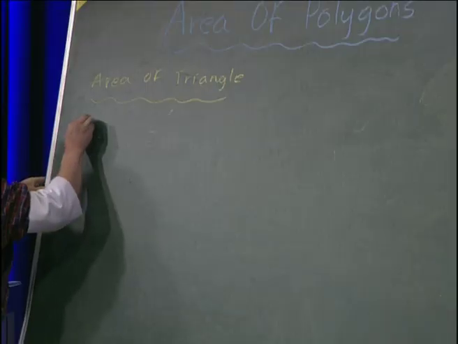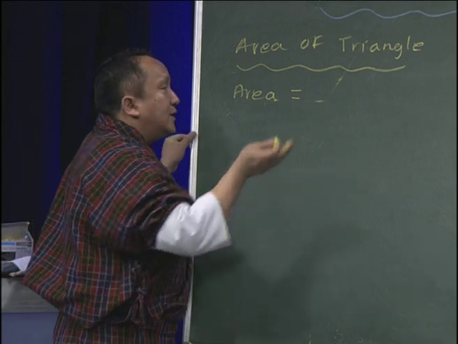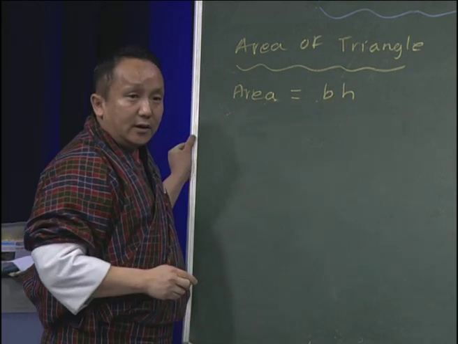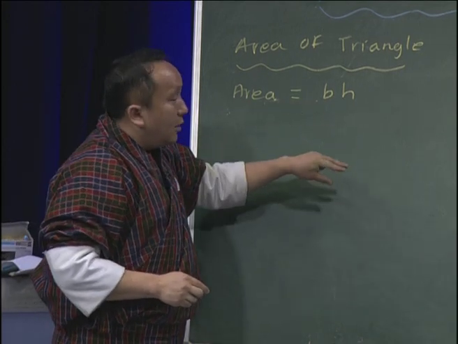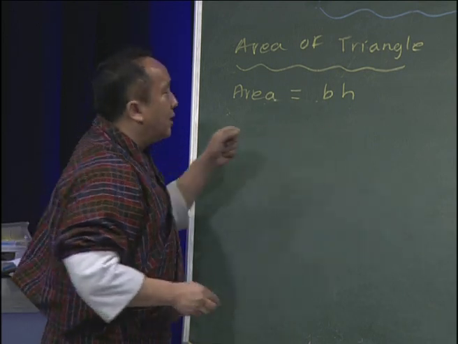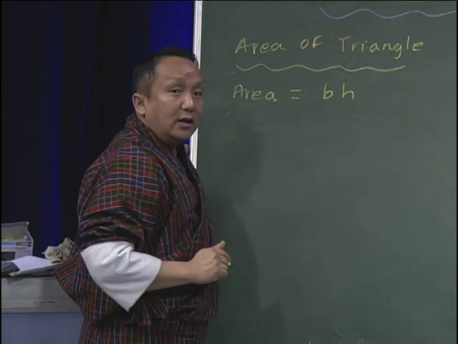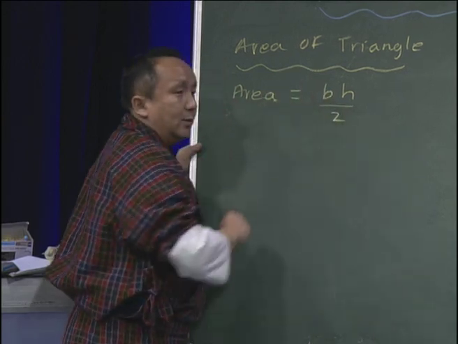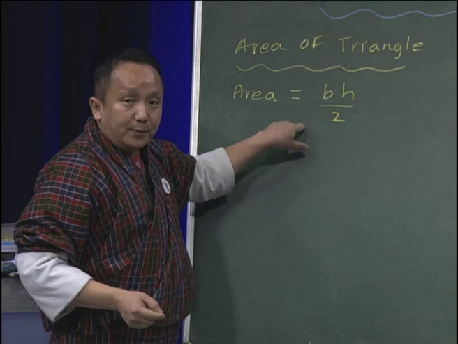Area of triangle is equal to, what is the area of parallelogram? It's base times the height when height is provided. And we know that the area of triangle is half of the area of parallelogram, so you just divide by 2. This is when height is provided.